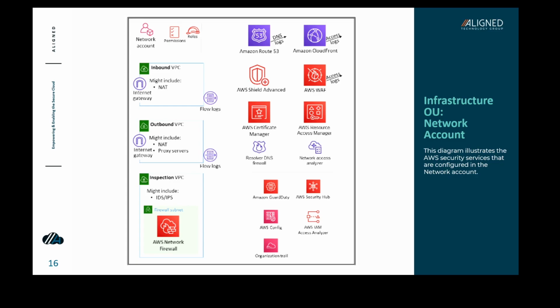And by the way, that inbound VPC can have a reverse proxy, a load balancer, whether it's an application load balancer or a network load balancer. Then you have that inspection VPC where all traffic is sent for inspection. That's where you do your intrusion detection, intrusion prevention. That's where you have your firewalls, right, whether they're third-party firewalls or AWS Network Firewalls.